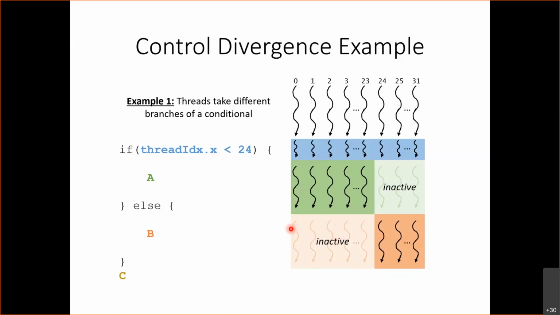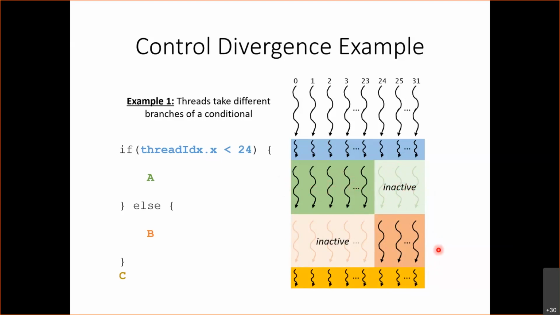And then finally, these threads will reconverge and all of them will execute C together. So obviously there's an inefficiency here because I have these cores that are wasted because of these inactive threads. I can't do anything else with these cores because they are bound to the cores that are executing these other threads by the same instruction dispatch unit.